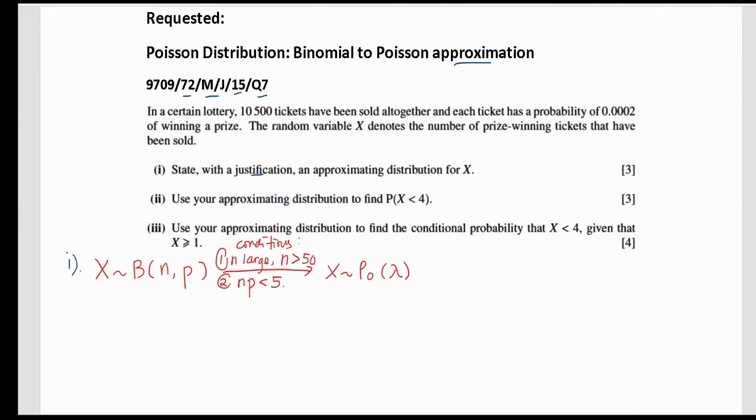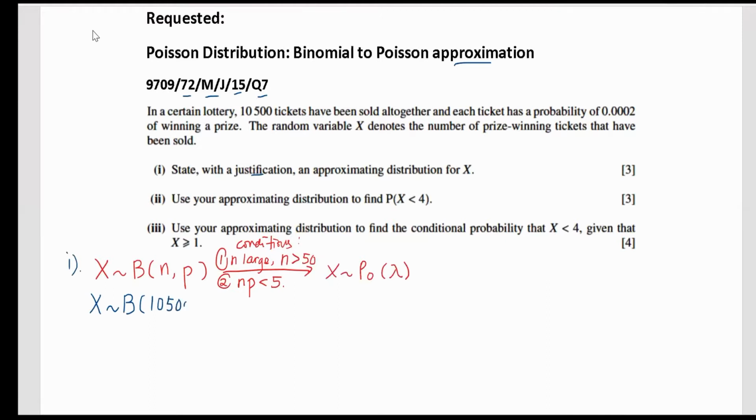Right? So we go back to the question. For this question, X is denoting the number of prize-winning tickets that have been sold. So actually it means that it is a binomial distribution, because there are 10,500 tickets sold.